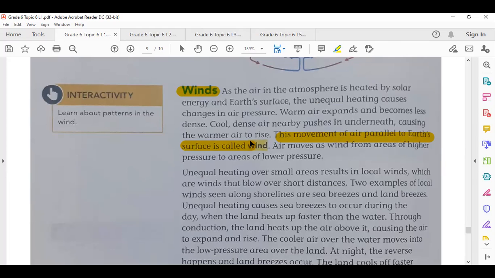How does wind move? It's very important: from areas of high pressure to areas of lower pressure. This movement of air is called wind.